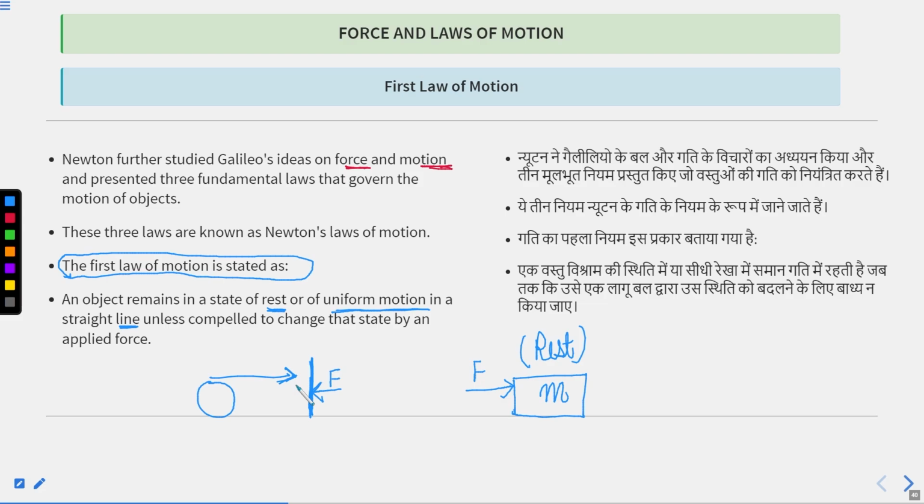So the change in state occurs when you apply an external unbalanced force on that object, and this is the first law of motion: an object remains in the state of rest or in the state of uniform motion unless you apply an external force on it to change its state. So you have to apply an external force to change the state, rest or motion.